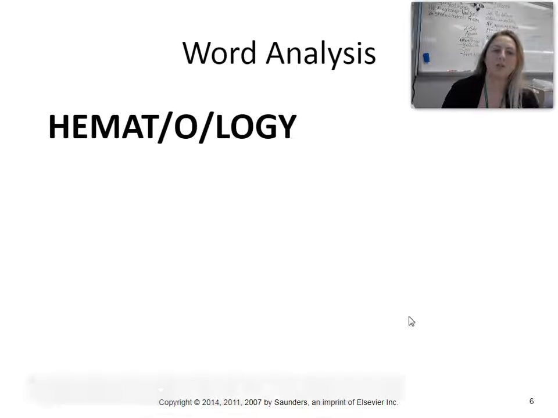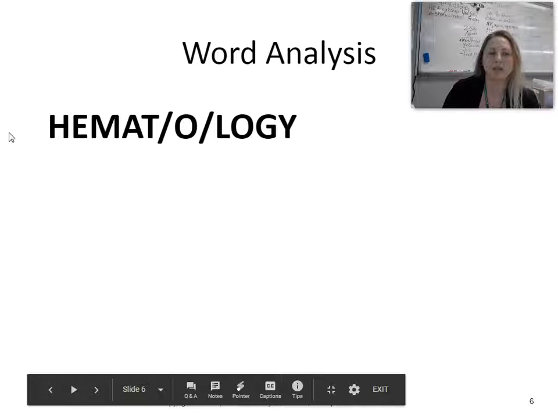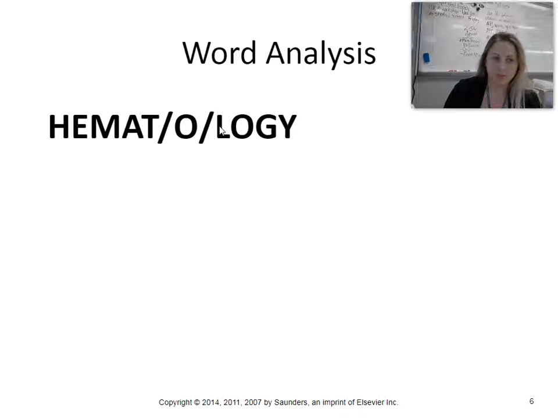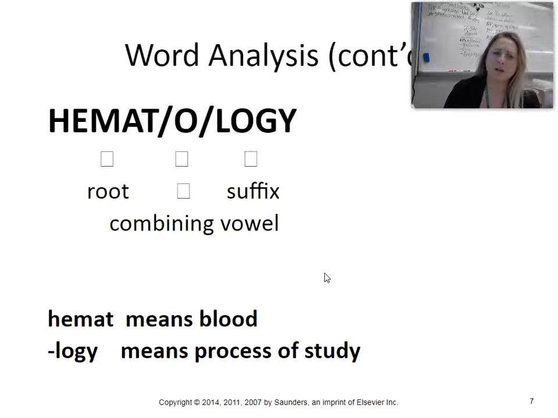So, hematology. Notice we have 3 different parts here. We have the beginning, which is hemat. We have an O all by itself. And we have logy. Hematology, that's how you correctly say that. If we break this into parts, we have no prefix here. We have a root word, which is hemat.